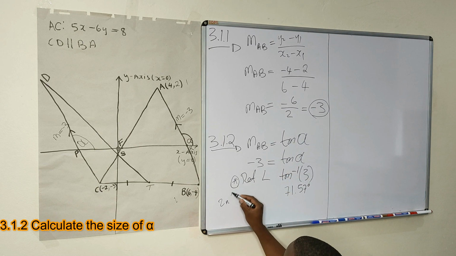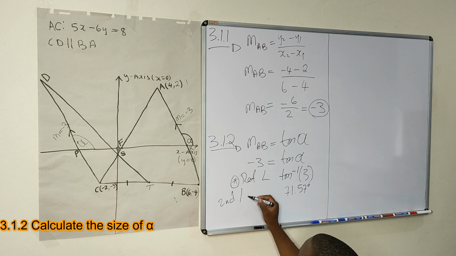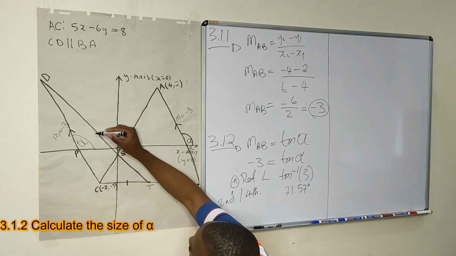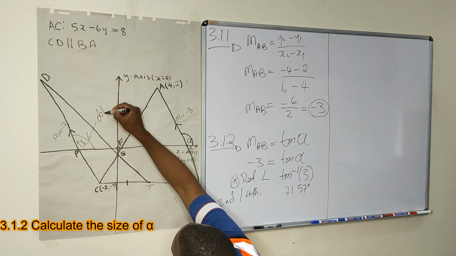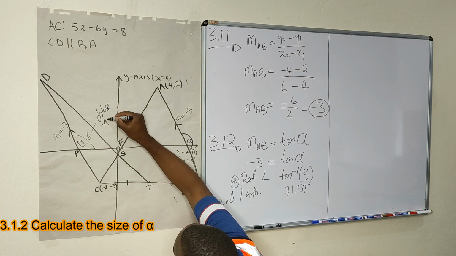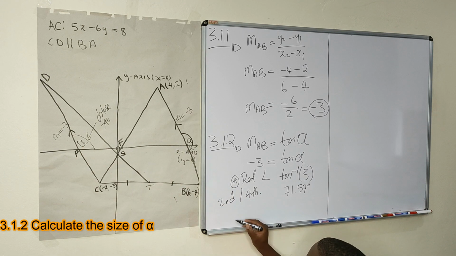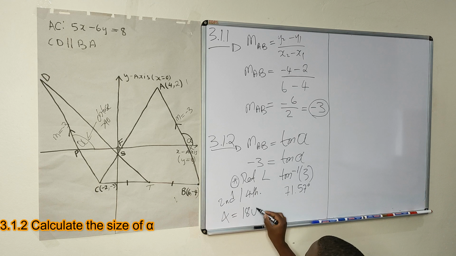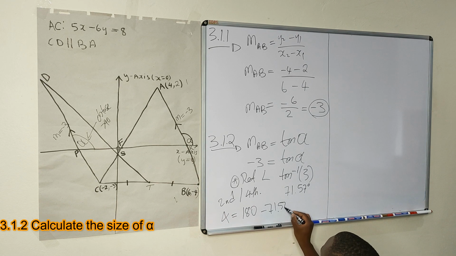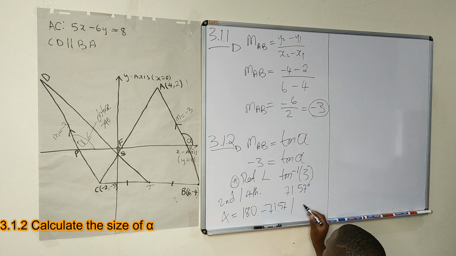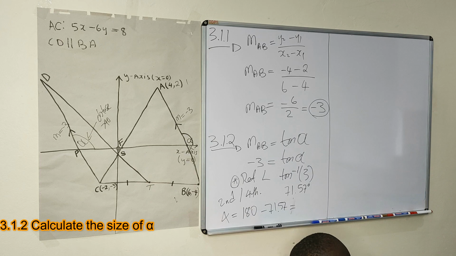That is the second and the fourth quadrant. We know that this angle here is an obtuse angle, greater than 90 degrees. So in the second quadrant, alpha is going to be 180 minus 71.57.